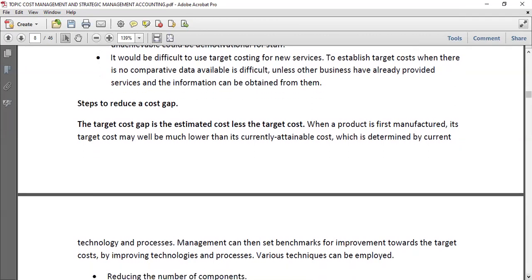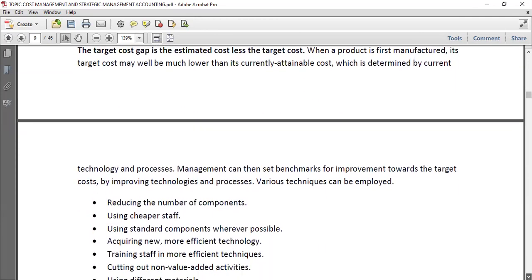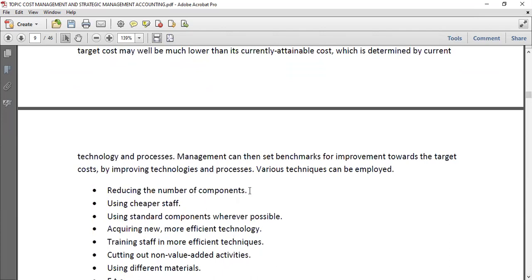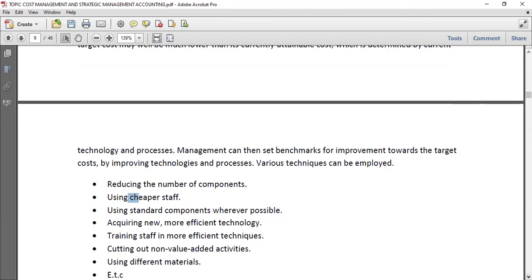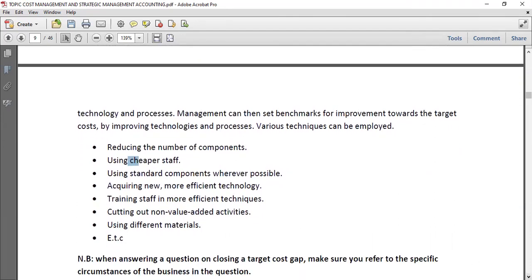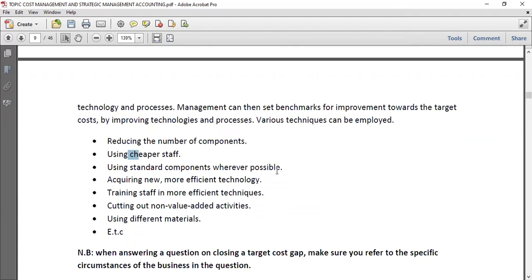Some of those processes could be to reduce the number of components, reduce the functions, use cheaper materials to get a lower labor cost. We can use standard components wherever possible instead of having tailored ones.